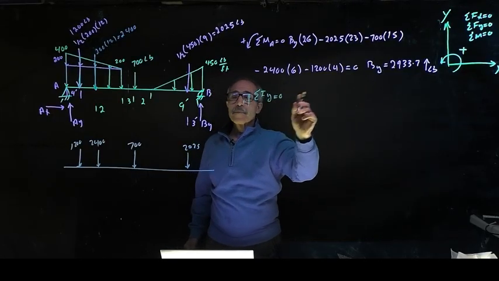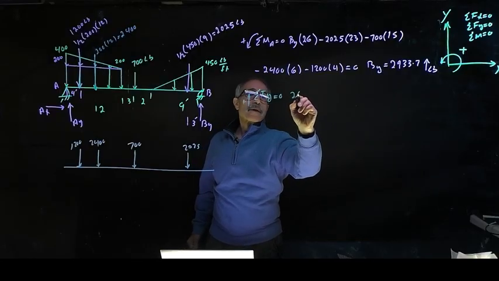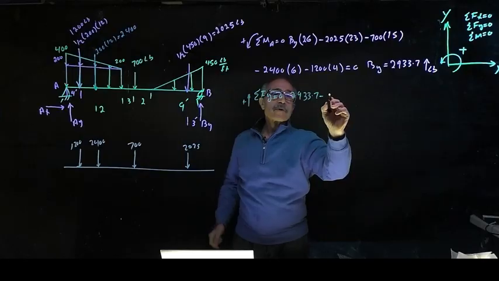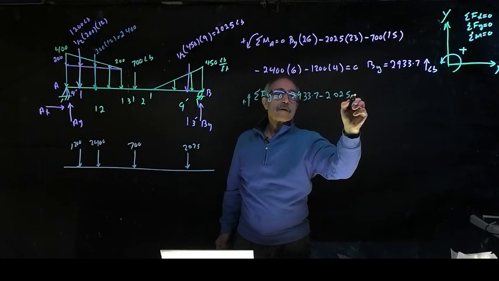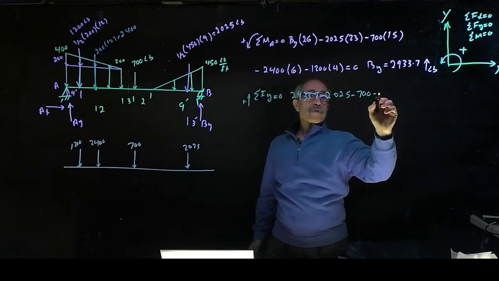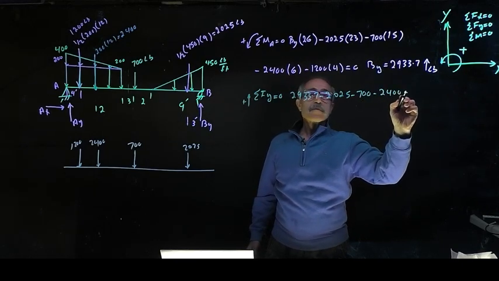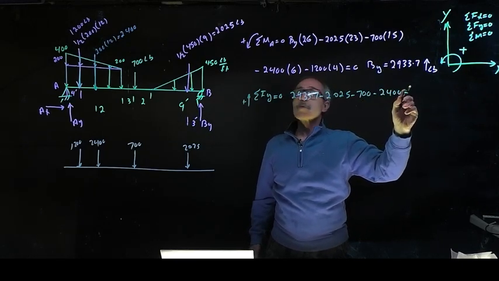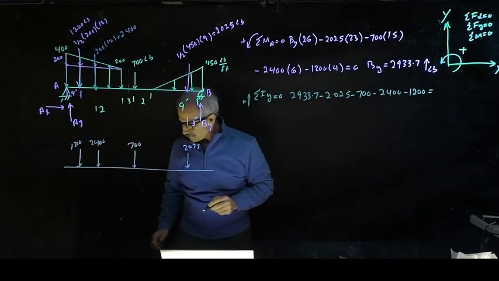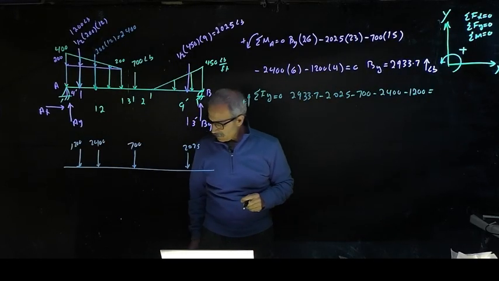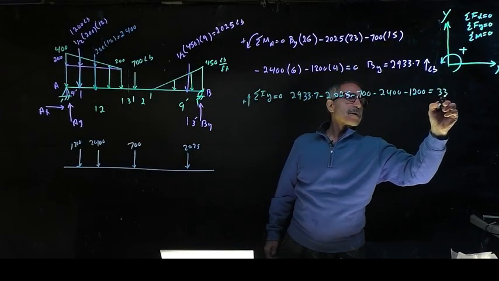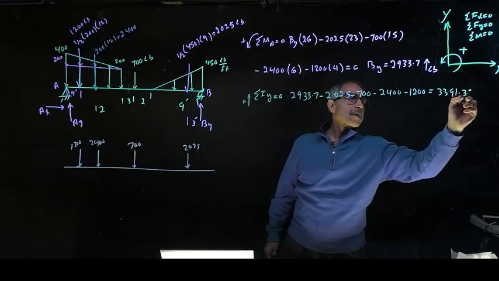I have 3.7 minus 2025 minus 700 minus 2400 minus 1200, and that's equal to 3391.3 pound.